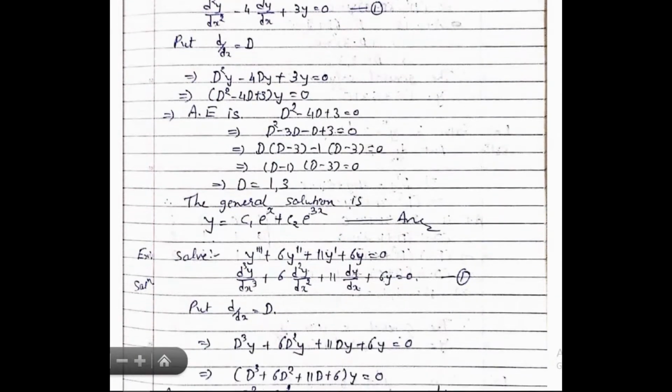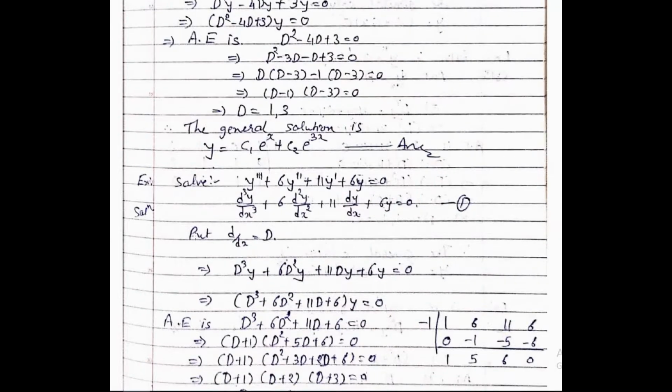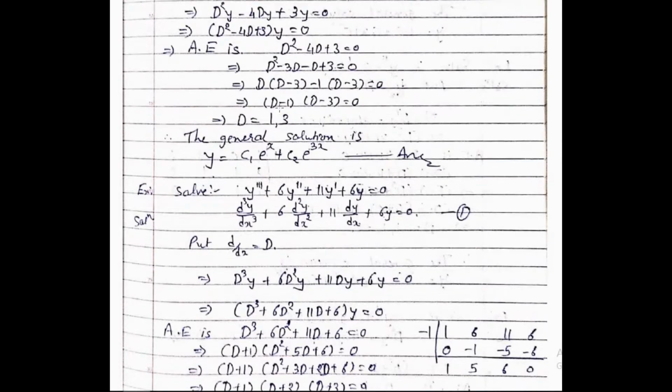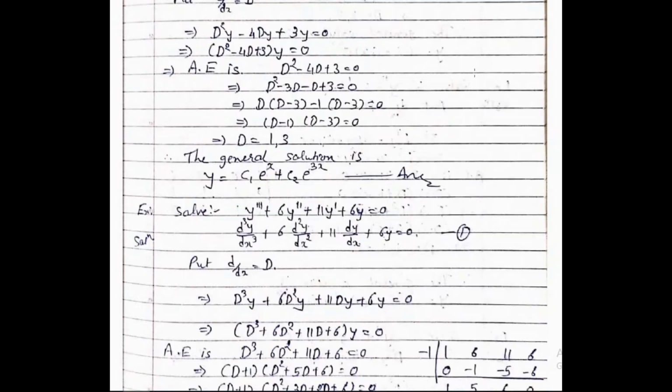And therefore the general solution is given by, now see, these two roots are real and distinct. So real and distinct, that means you have case 1. In case 1, you have real and distinct roots. Then you have to multiply each root by x.